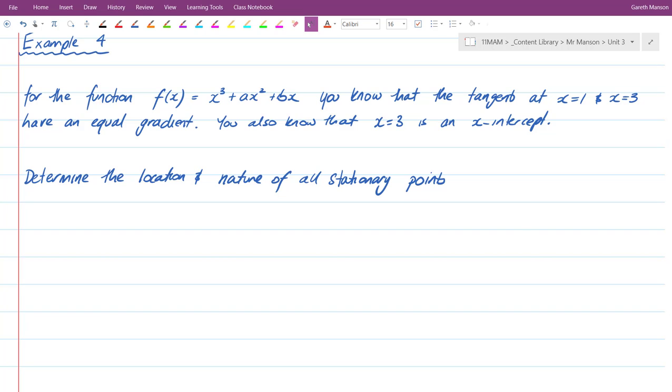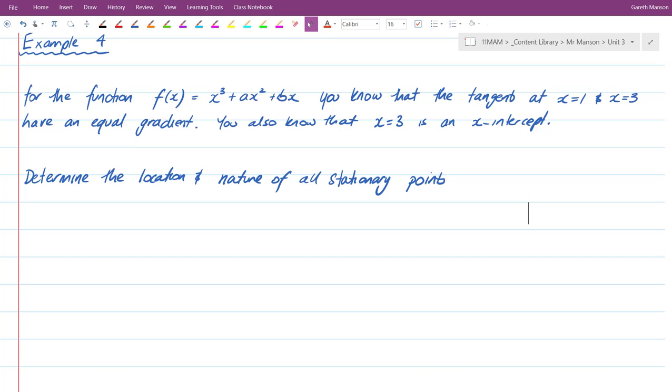You also know that x equals 3 is an x-intercept. So that gives you two pieces of information, and there are two unknown constants, so you can find those. Once you've found them, it says determine the location and nature of all stationary points. It's a cubic, there'll be two stationary points, and you can work out the nature of those. One will be a maximum, one will be a minimum.